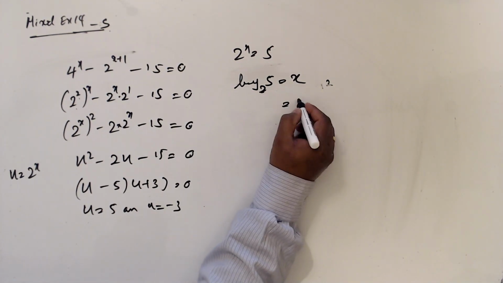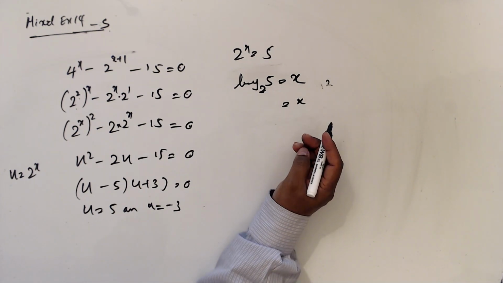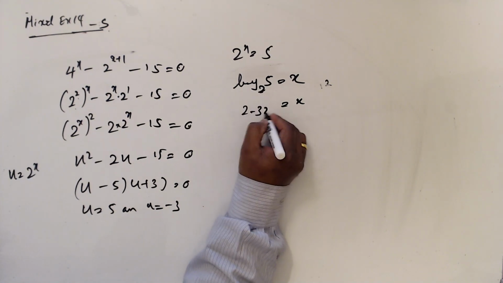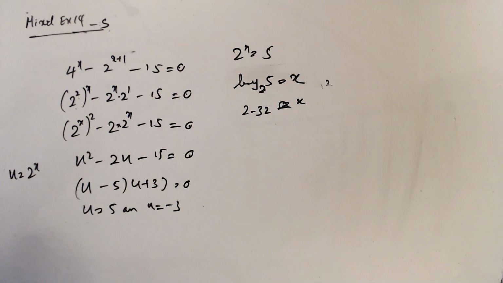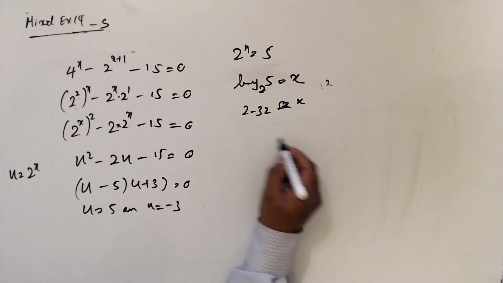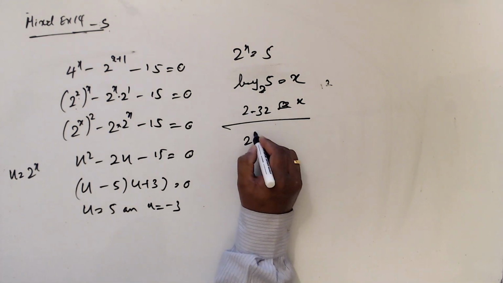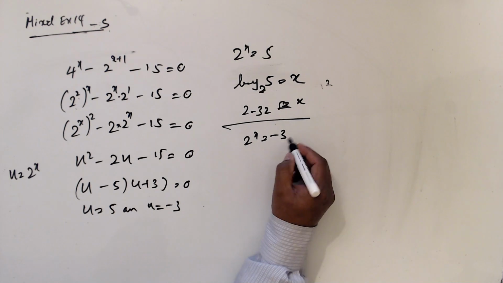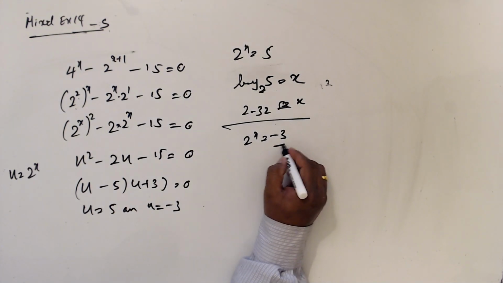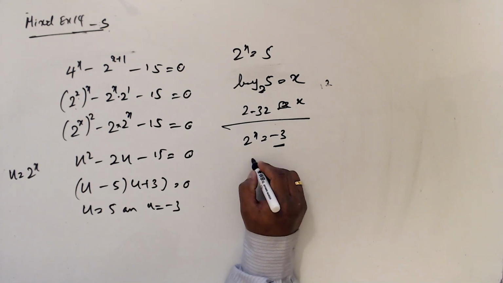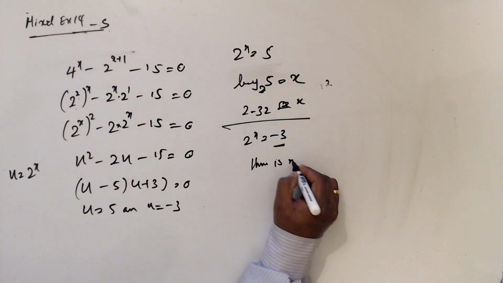So the x value is going to be 2.32 approximately, and 2 to the power x equals minus 3. No solutions because the logarithm is not defined for negatives. There are no solutions.